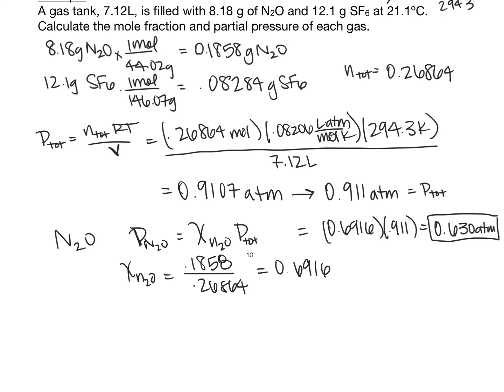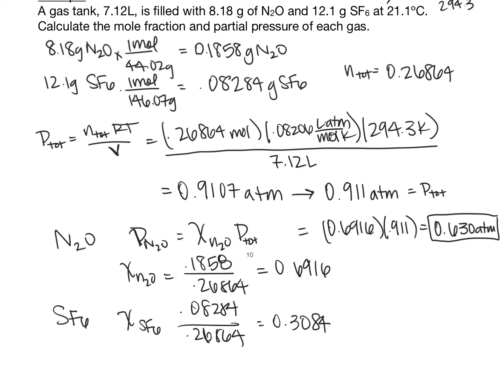So now we're going to do the same thing for SF6, where the chi of SF6 is equal to 0.08284 divided by 0.26864. And that gives me 0.3084.